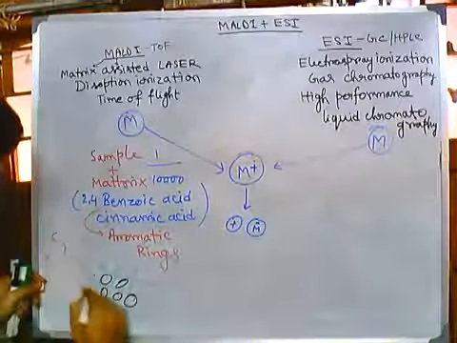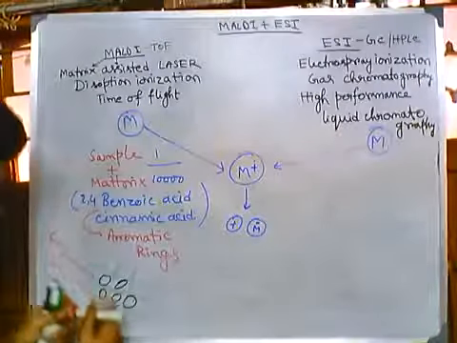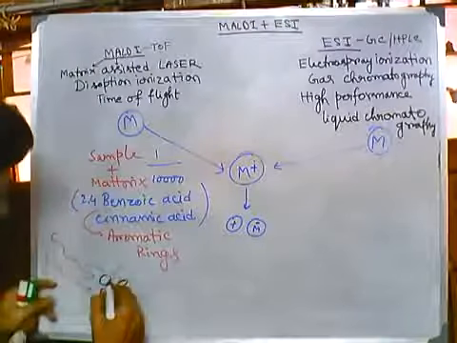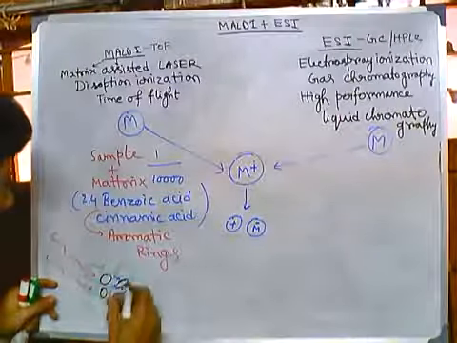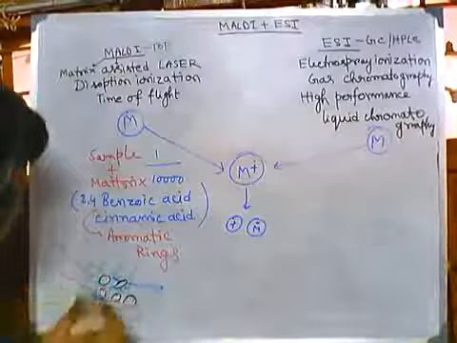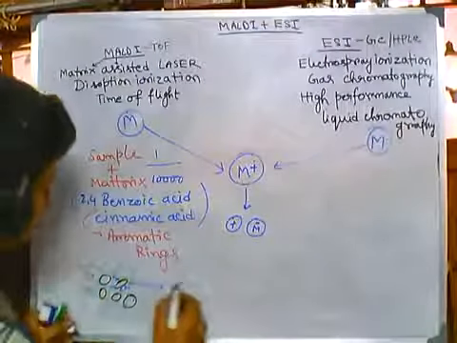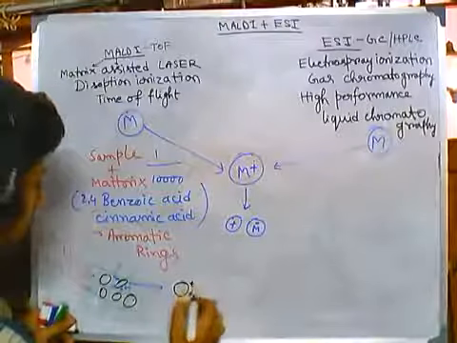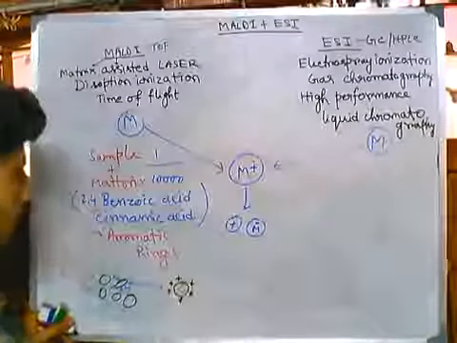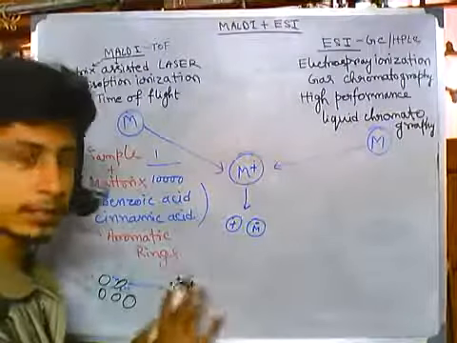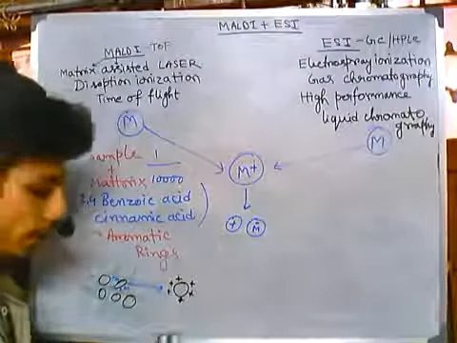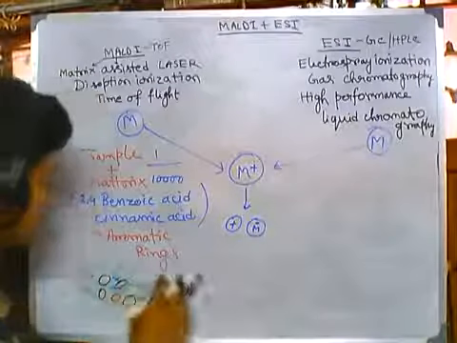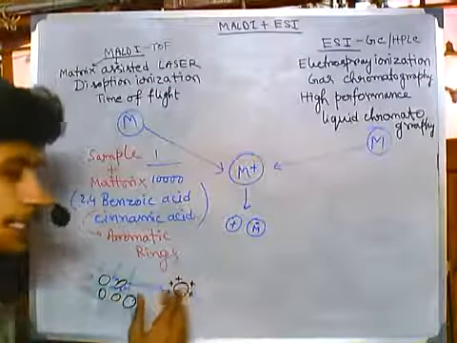As we are hitting the matrix with laser, they are going to provide the energy to the sample, and as they provide the energy, the sample particles are getting kicked out because they are charged now. I am denoting it with a charge, but this is not exact. The charge usually is positive.